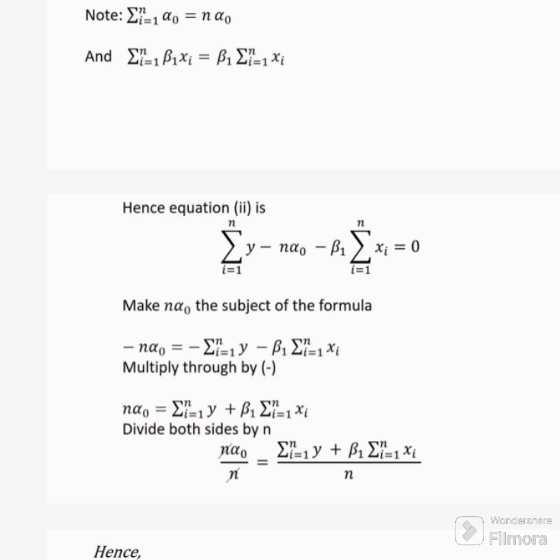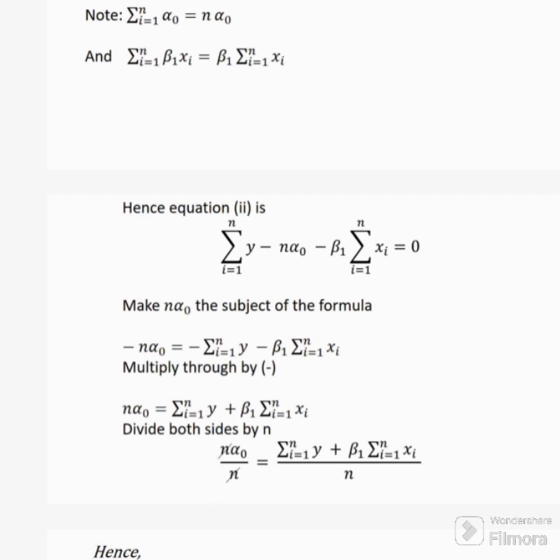That's the reason why we have n alpha naught. And based on summation of i ranging from 1 to n beta 1 x subscript i, we knew that beta 1 is constant.